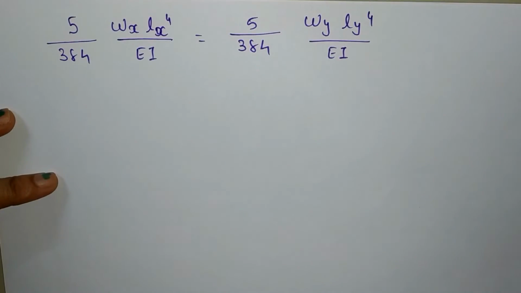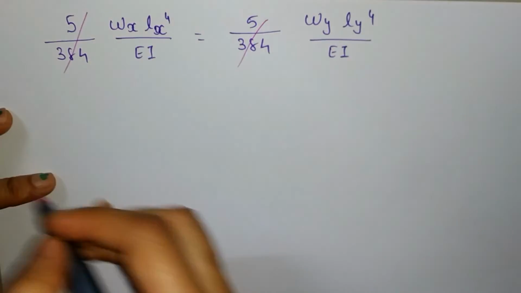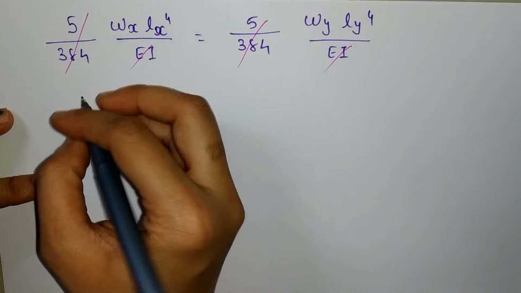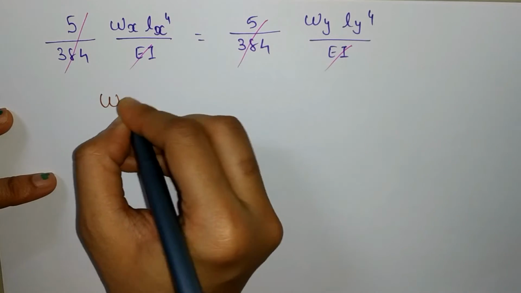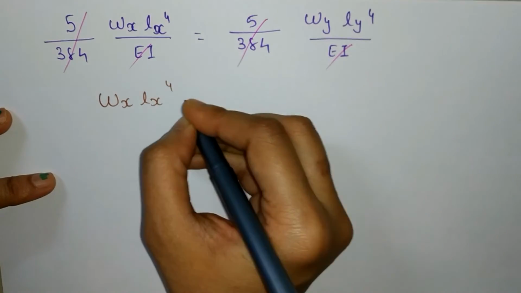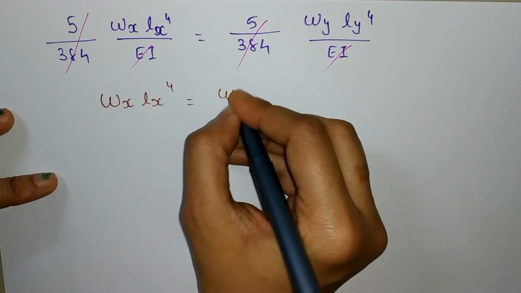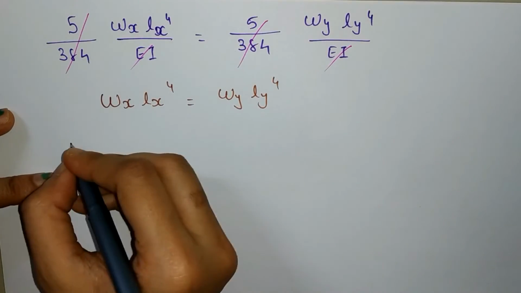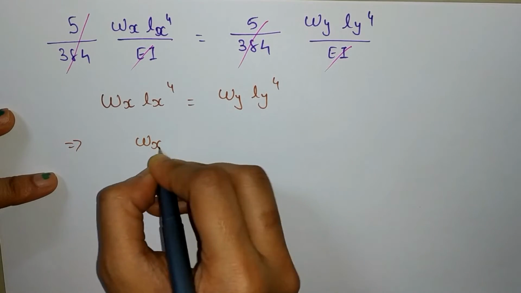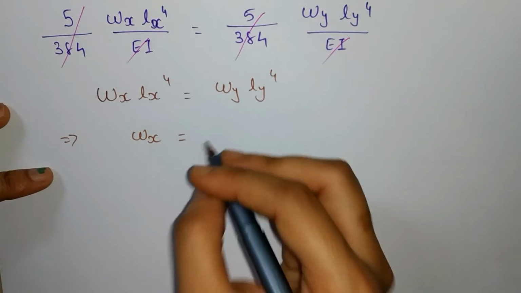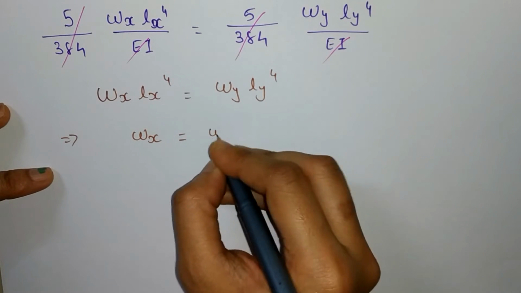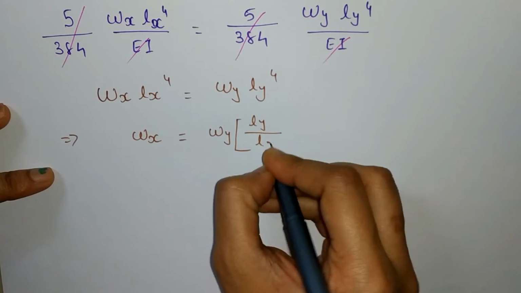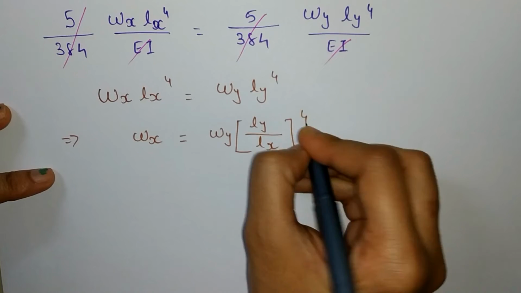So these values get cancelled. Now Wx Lx raised to 4 is equal to Wy Ly raised to 4. Now what about Wx? Wx will be Wy into Ly upon Lx raised to 4.